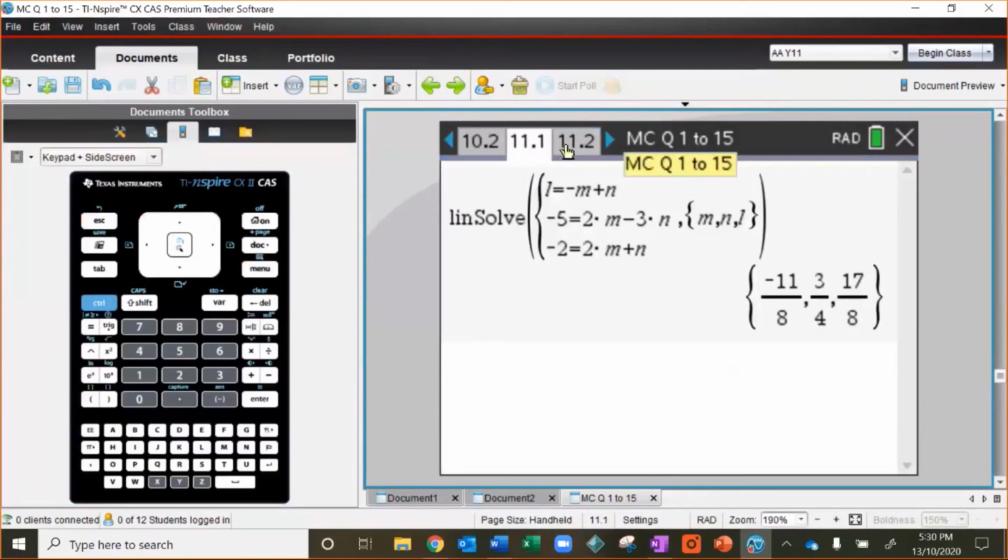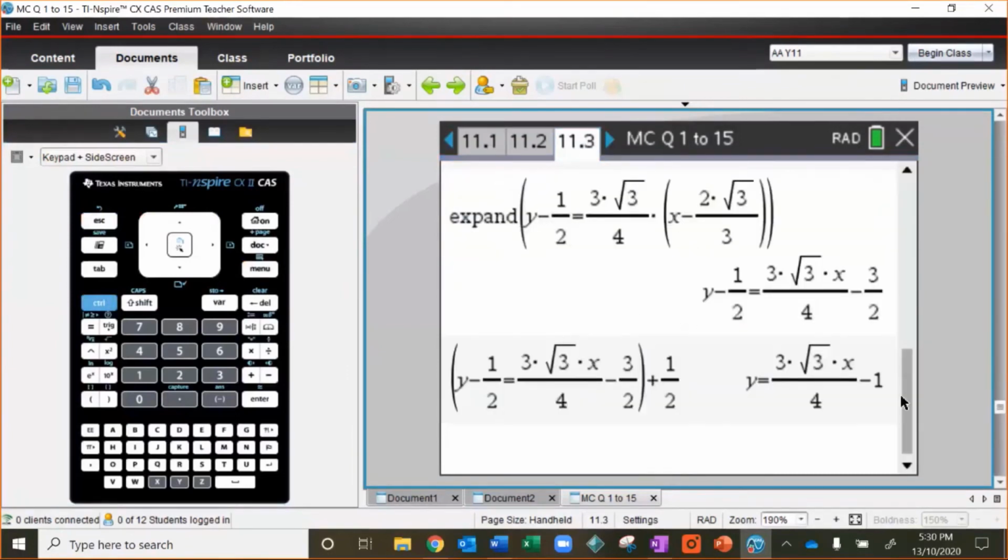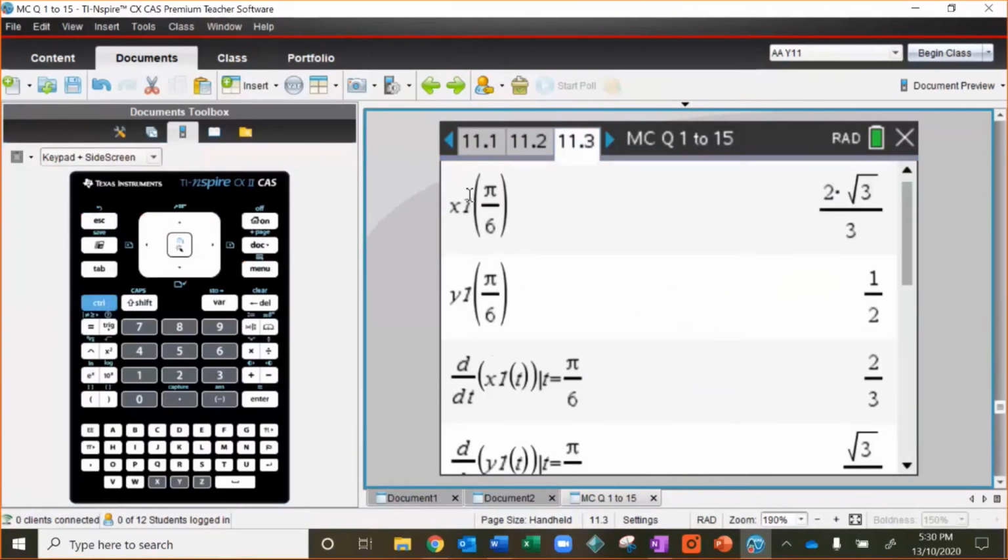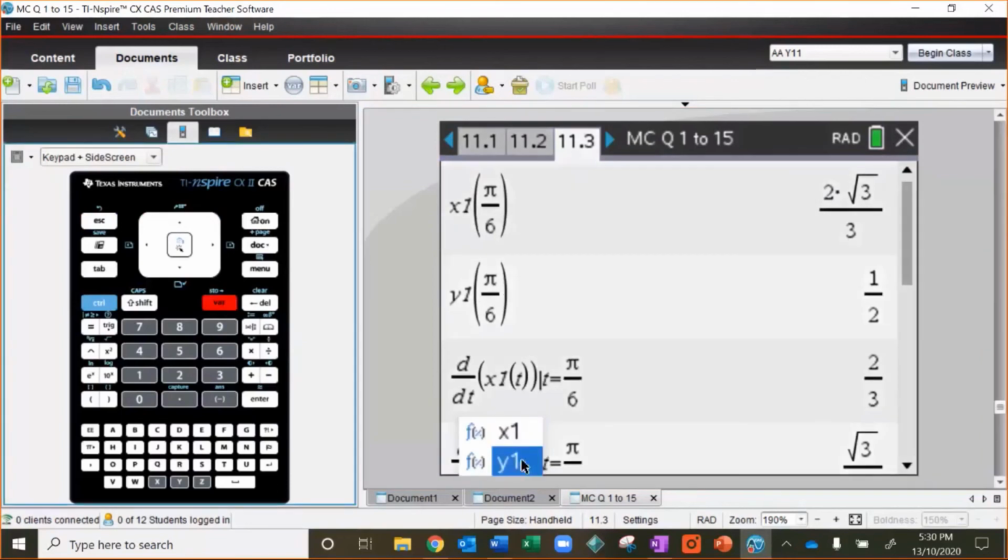Because now we can find x1 in pi on 6, y1 in pi on 6, because we wish to find the equation of the tangent at this point, and those variables already are predefined from our graph.